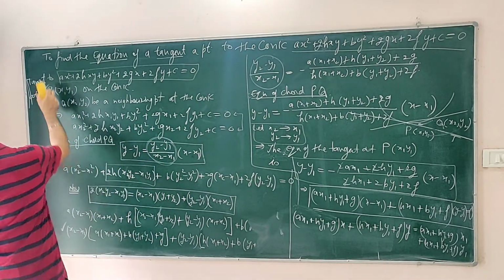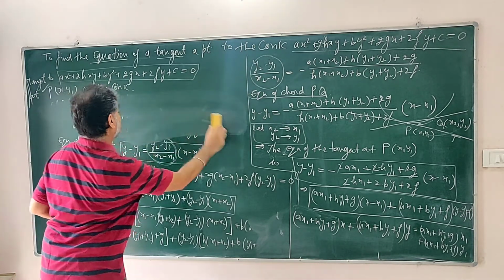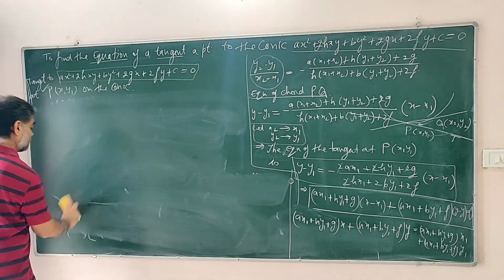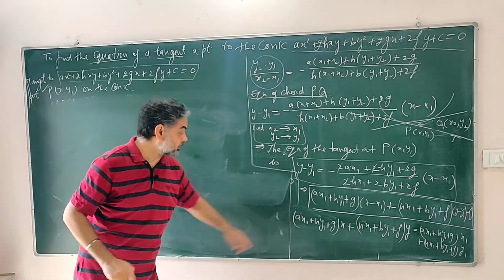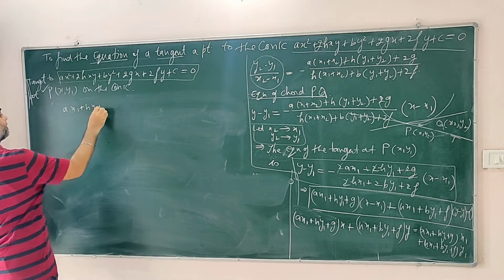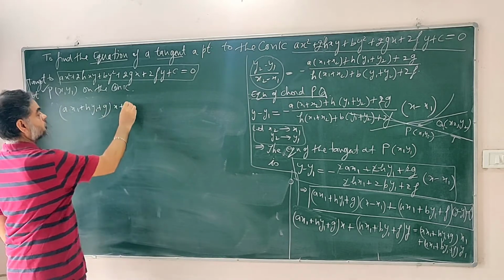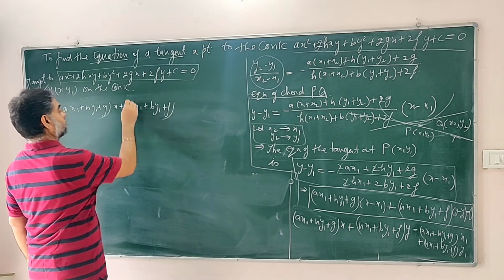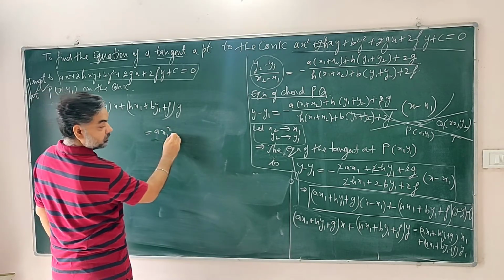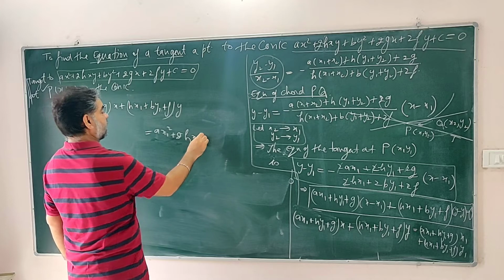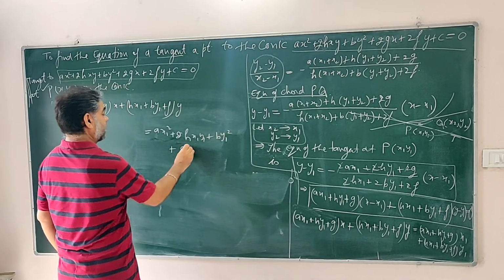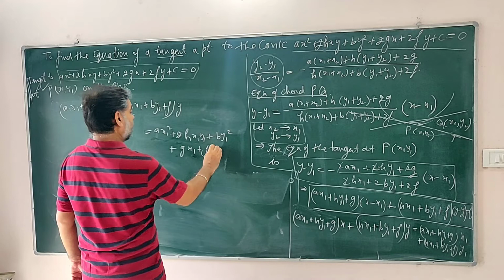So this equation can further be written as ax1 x plus hy1 x plus gx plus hx1 y plus by1 y plus fy is equal to ax1 square plus 2hx1y1 plus by1 square plus gx1 plus fy1.